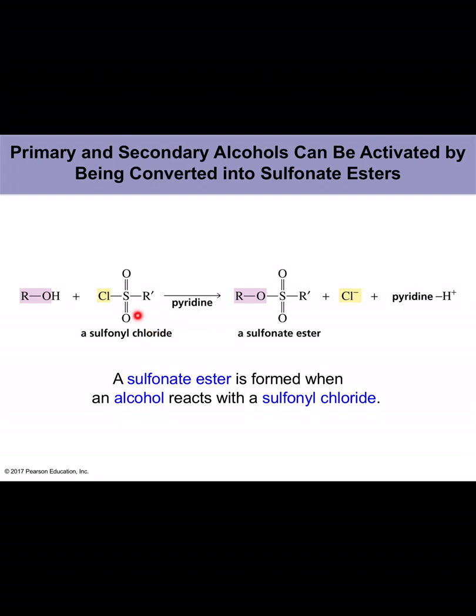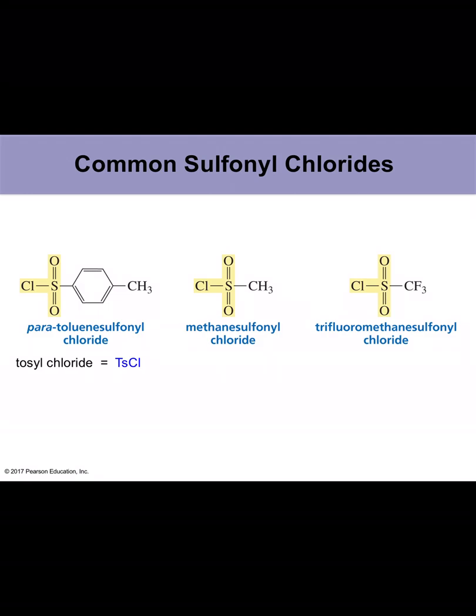So when you do this reaction, this oxygen is going to combine with the sulfur center and form a bond and form a sulfonate ester, leaving chloride. A sulfonate ester is formed when an alcohol reacts with sulfonyl chloride, and it makes a good leaving group.